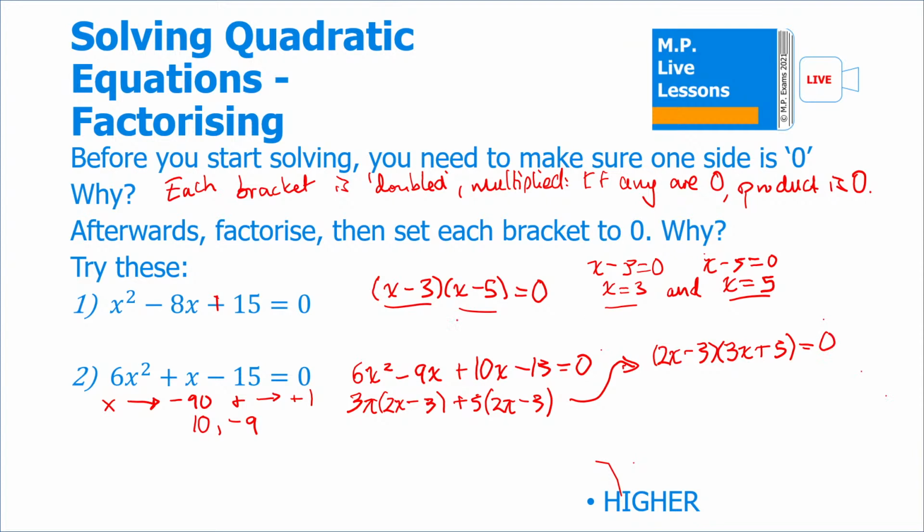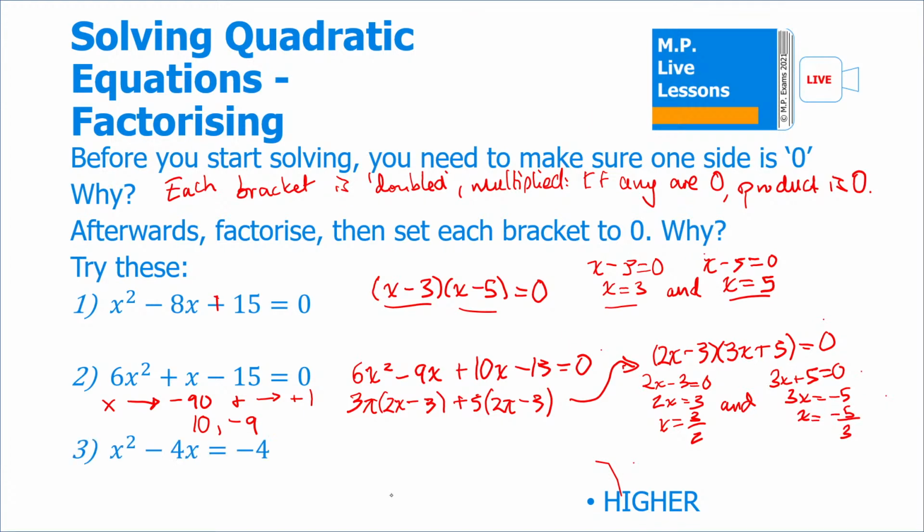Set each bracket to 0, you'll get x equal to 3/2, and x is equal to -5/3.